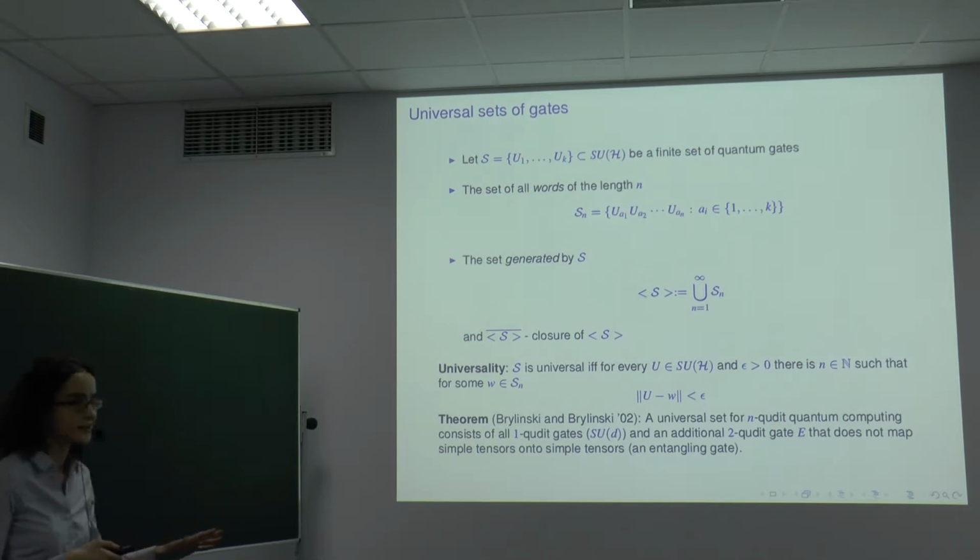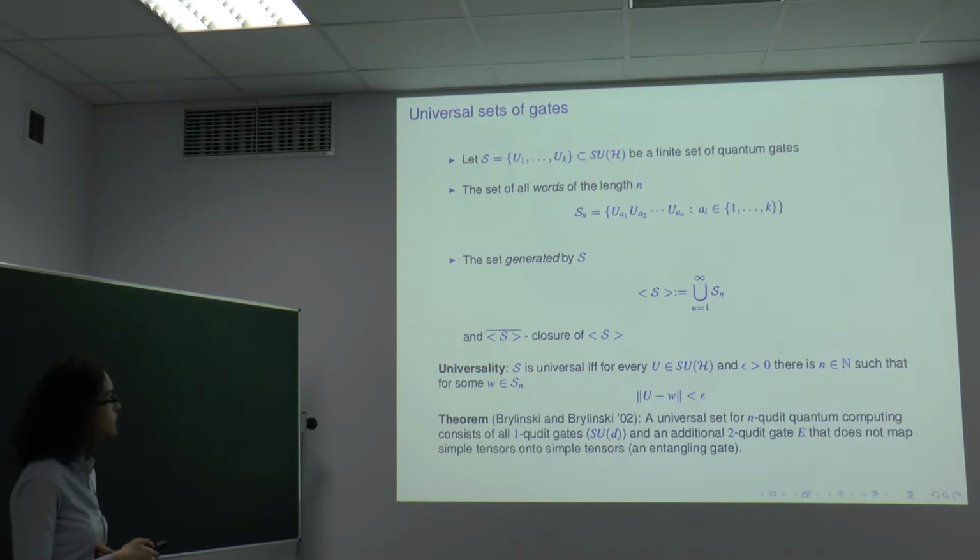We can discuss later. Note that the set S is universal only if the set generated by S is infinite, because otherwise we cannot approximate every unitary gate with arbitrary accuracy.